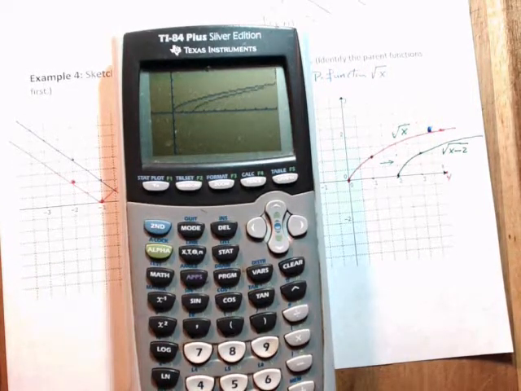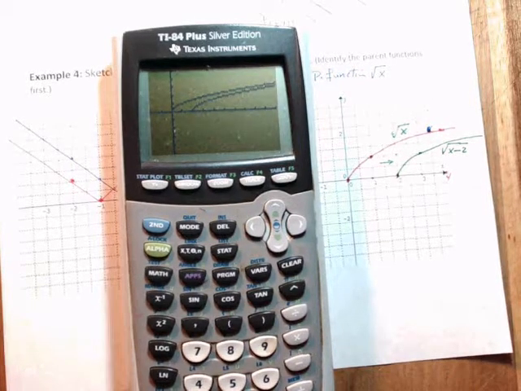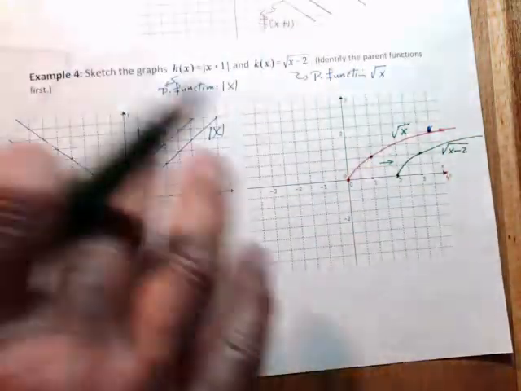And this is the square root of x minus 2, moved 2 units to the right. Okay, so the same kind of behavior.